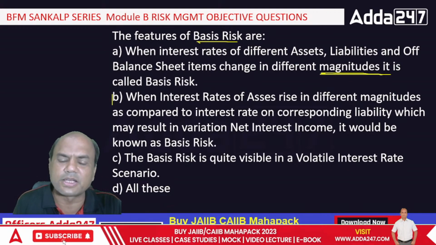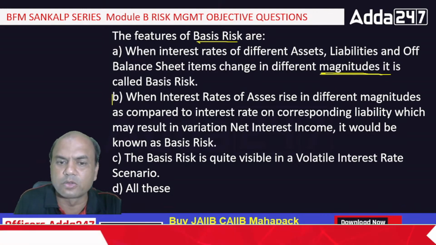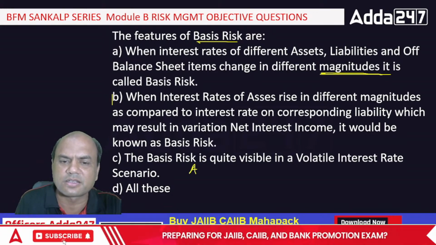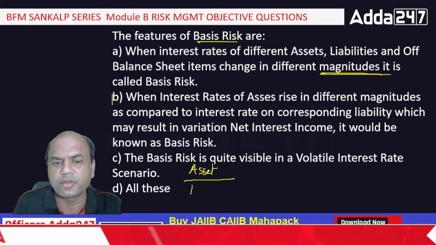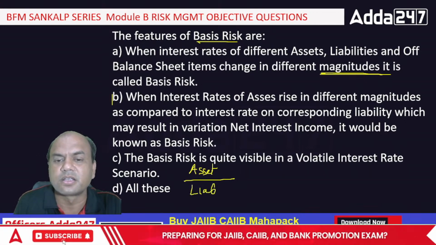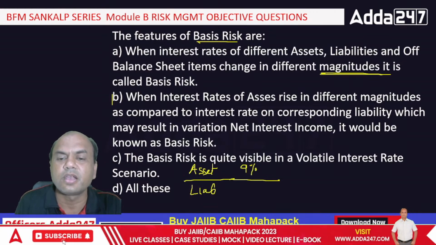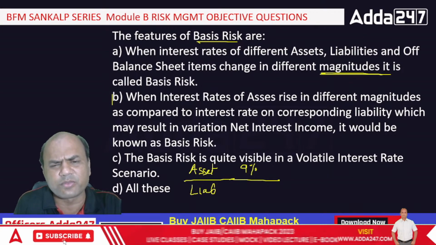Suppose, I'll give you a simple example. Loan, asset, I'll call it asset. We always have to speak in terms of assets and liabilities now in BFM. We don't call them loans and deposits. So assets. Now let's say the asset rate of interest is 9%, and liability rate of interest, obviously, will be lesser.